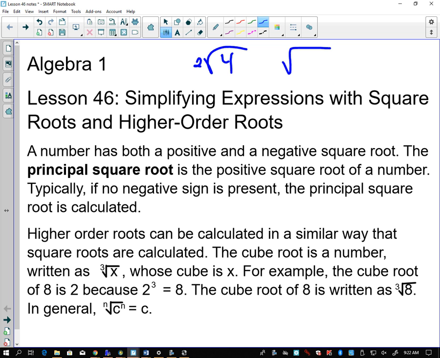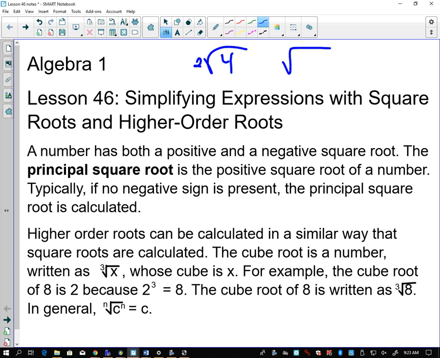Because I think of a cube as a 3-dimensional square. But because it's 3-dimensional, length, width, and height, it's a 3. So written as the cube root of x, it's the number whose cube is x. For example, the cube root of 8 is 2 because 2 cubed is 8.